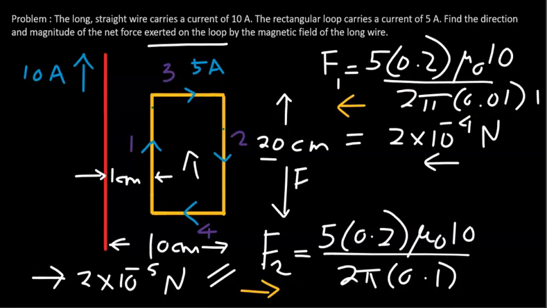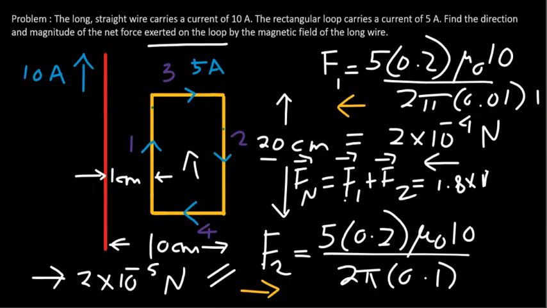So the net force, which is obtained by adding F1 and F2, it's a vector sum, will give you an answer of 1.8 times 10 to the power minus 4 newtons with a leftward direction. And that solves the problem.